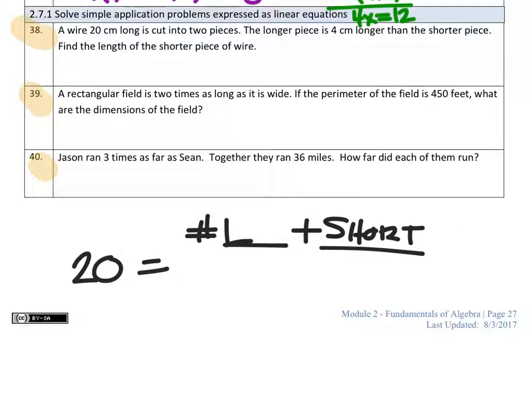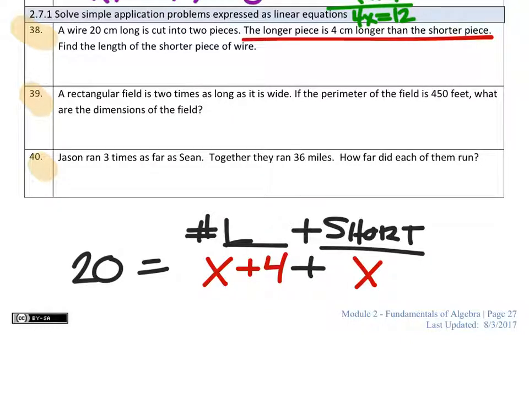But up here it said that the longer piece is 4 centimeters longer than the shorter piece. So if I said the short piece was x, then the long piece would be the same as the short piece, but we're going to add 4 centimeters to that. Now again, when we add these, we should get that 20, and this is the equation that we would be using.